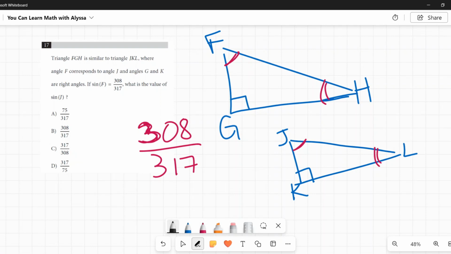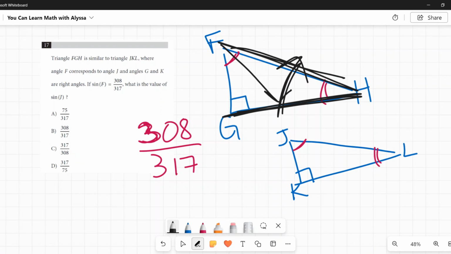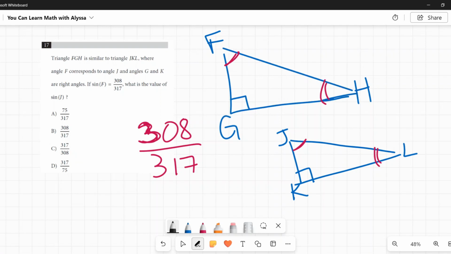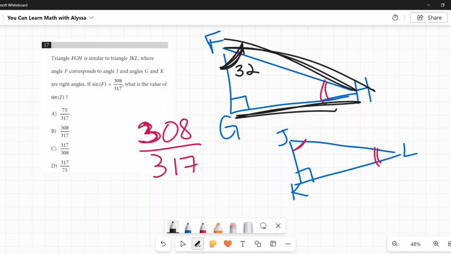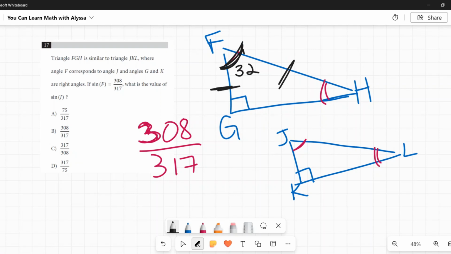If there is a particular angle, say 32 degrees, and I took the length of the opposite side, measured the hypotenuse with a ruler, and divided those, no matter how big or small the triangle is, every single triangle in the world with a 32 degree angle will have that same ratio of opposite over hypotenuse, and that is sine. Cosine is adjacent over hypotenuse, and tangent is opposite over adjacent.